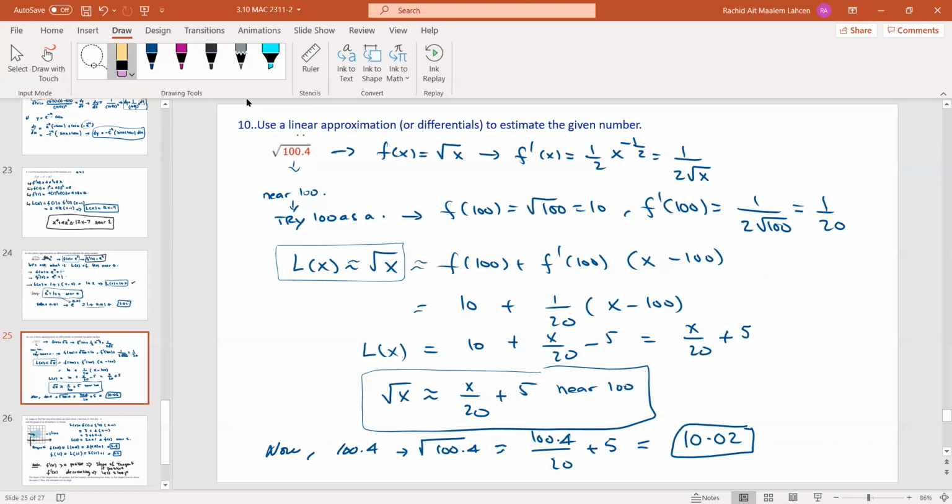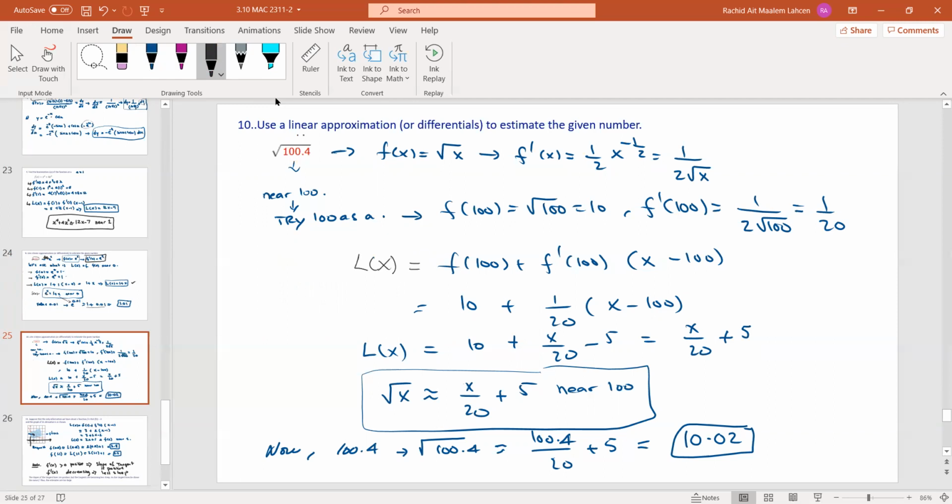F of 100 is 10, f prime of 100 is 1 over 20. So the linear approximation, right? Let's do it first here. The linear approximation is f of 100 plus f prime of 100 times x minus 100.